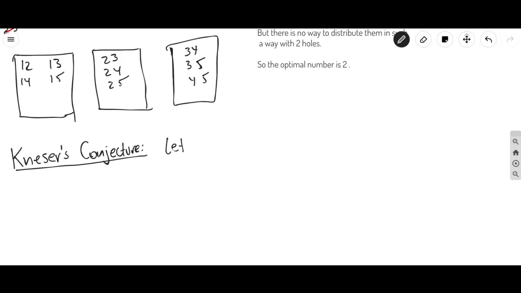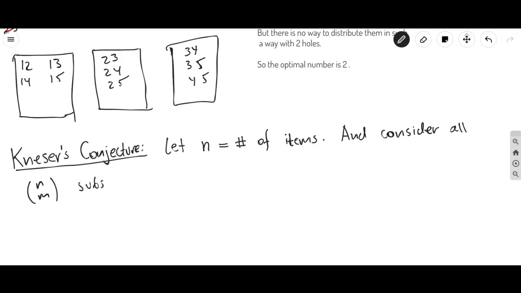It says that let n be the number of items and consider all n choose m subsets of those items. You're going to think of these as your pigeons. So your pigeons are all possible subsets of size m.